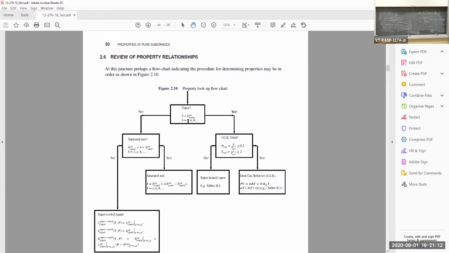Then you can ask yourself, can I use the ideal gas law? Is IGB, ideal gas behavior, valid? You can check that by checking the reduced temperature and pressure. If no, then you use superheated vapor tables. If yes, then you can use the ideal gas law. Okay?